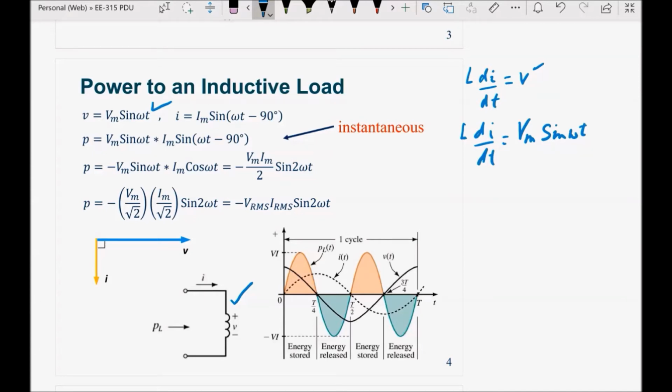Or for example, let's just not go there. We first take the integral. So after taking the integral, the expression will be something like this.